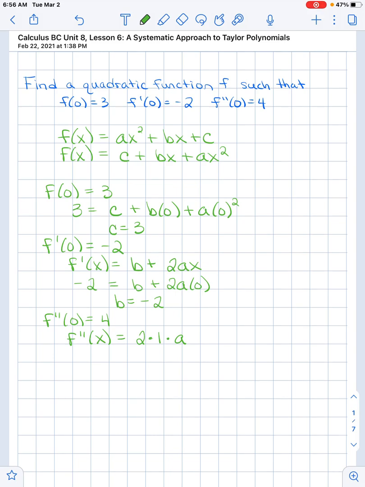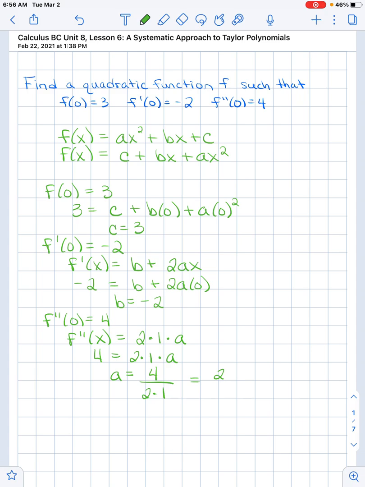The second derivative is equal to 4 when x is 0: 2 times 1 times a. So a is equal to the second derivative, which was 4, divided by 2 times 1. There's a reason for why I did that. I'll simplify it and put it into the equation the right way, but now we found that a is equal to 2.